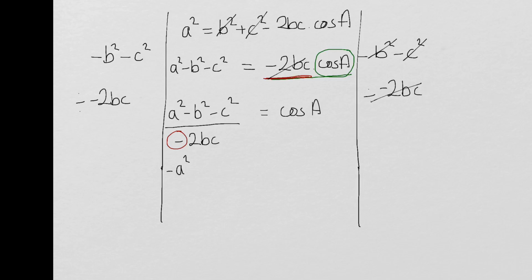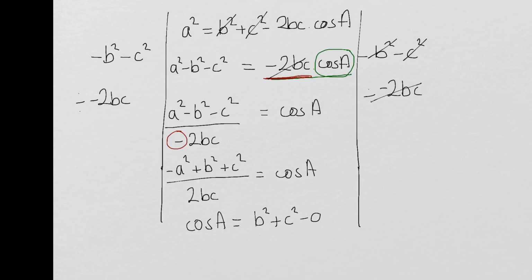Minus b squared times that negative is a positive b squared, and minus c squared times that negative is a positive c squared, all over 2bc now. And if I just rearrange that so that we don't have the negative at the beginning, because people don't really like that, then you've got b squared plus c squared minus a squared, all over 2bc.